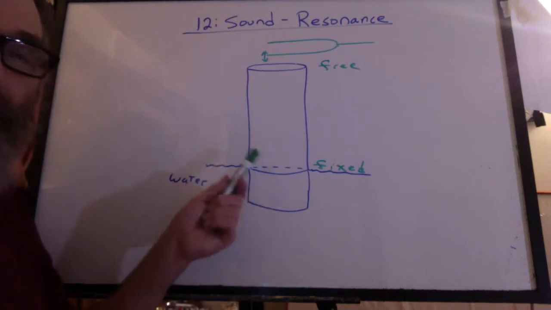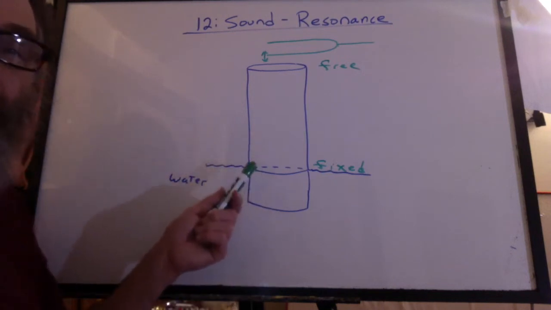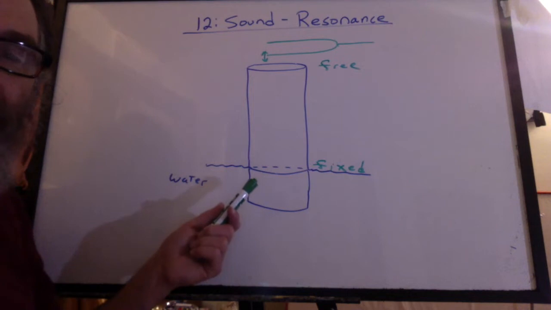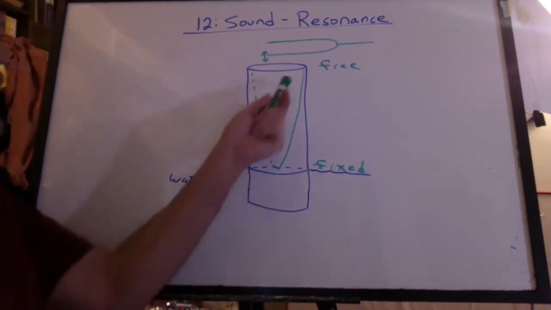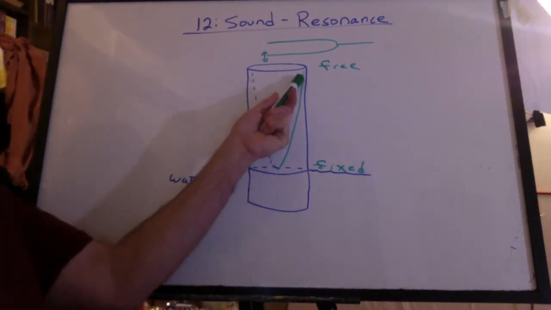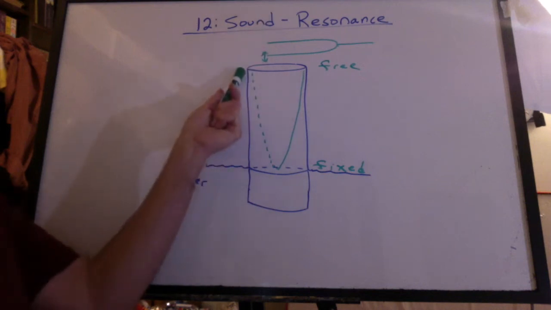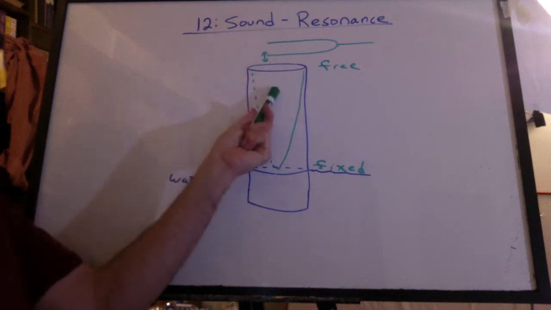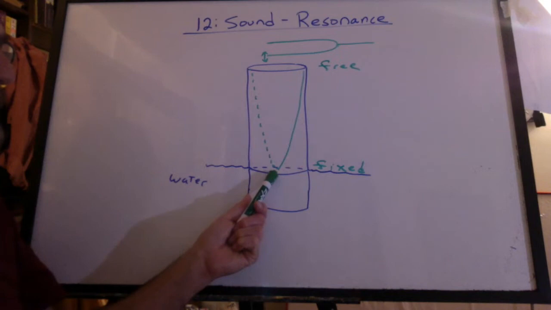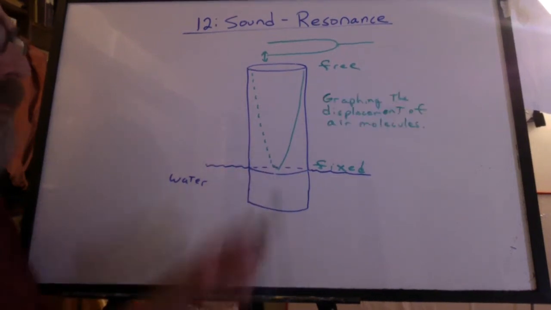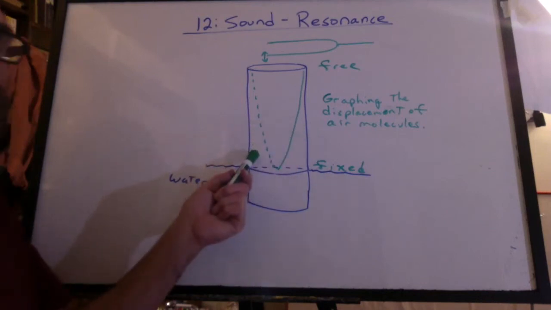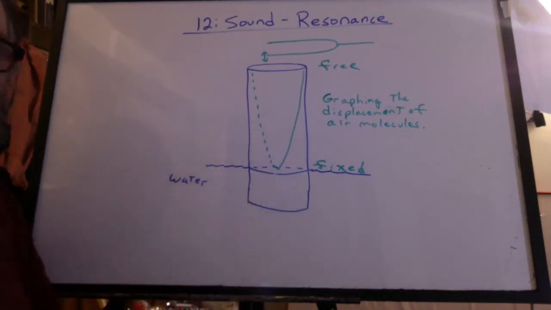Now, it's really hard to draw the compressional waves, as you know, so we're going to draw a transverse wave to represent them. Up here, this means the air molecules are up. Over here, this means the air molecules have gone down. Well, at this end, they can't go either way, so they're just going to be at a node. We're graphing the displacement of the air molecules. We're not really talking about the air pressure.